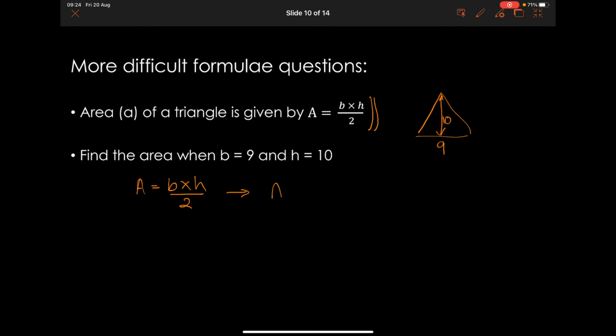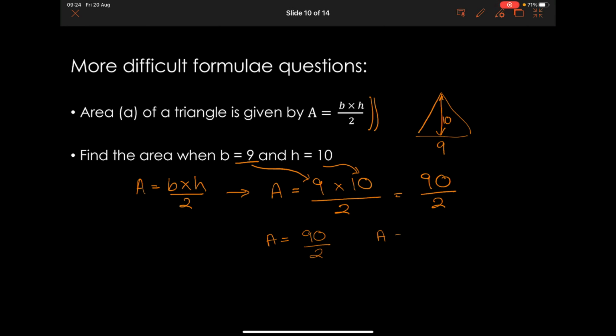That means A equals 9 times 10 over 2 because the base was 9 and the height was 10. Well, that gives us 90 over 2. So A equals 90 over 2, which means that A equals 45.